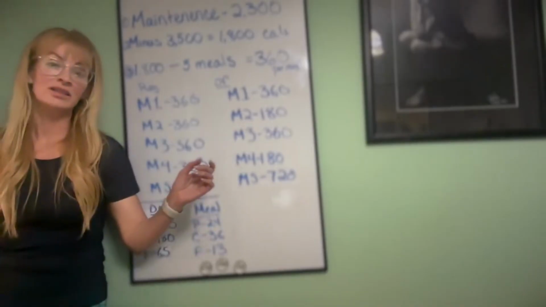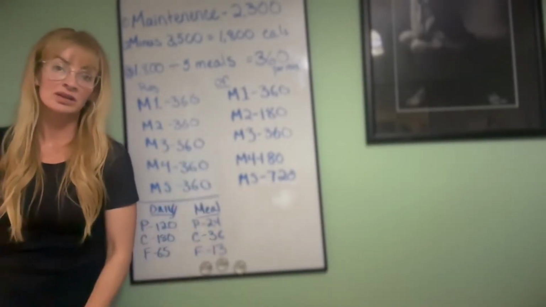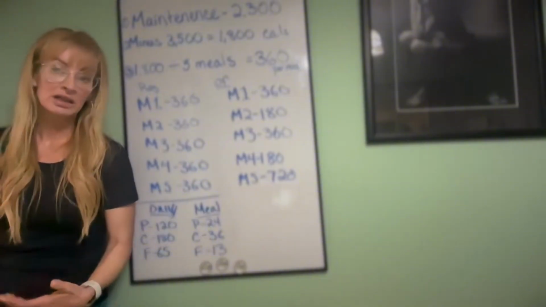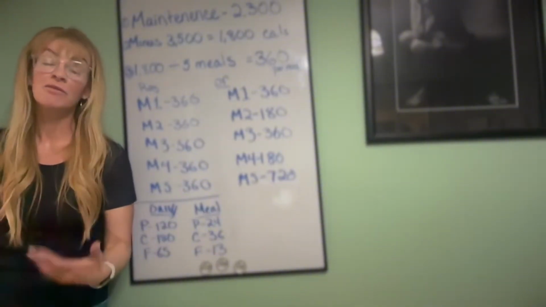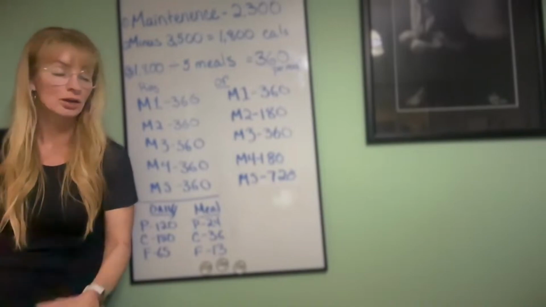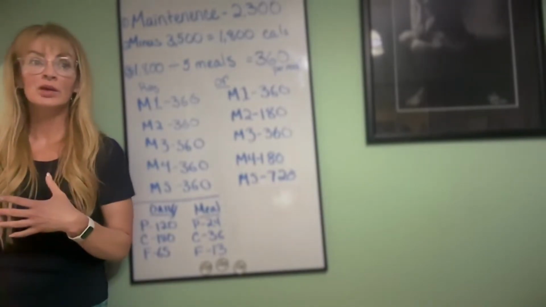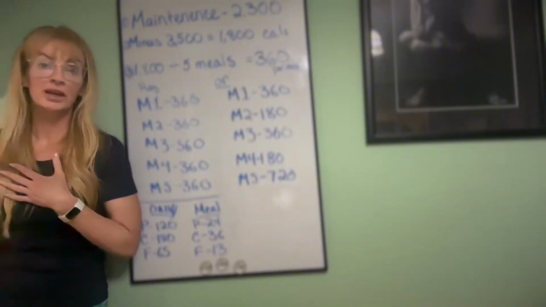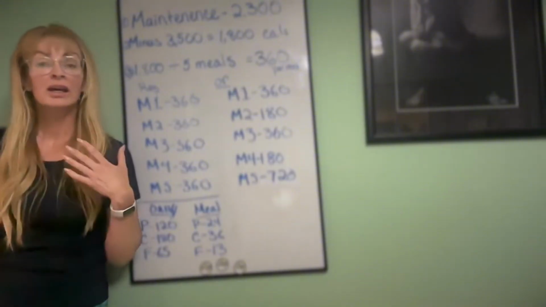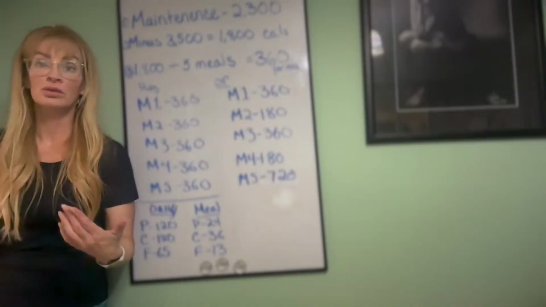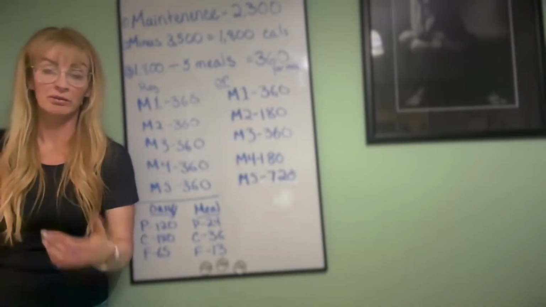I highly suggest that at least one of your meals has raw vegetables or a salad or something in it. The fiber is going to help you stay fuller longer and not get as hungry. Following a macro plan, which is what I feel most comfortable with, can have a lot of freedom in it, but it also can give you enough rope to hang yourself, for lack of a better way of putting it.